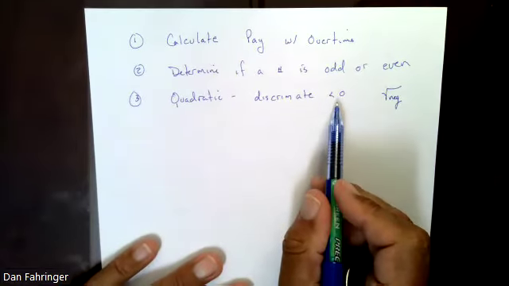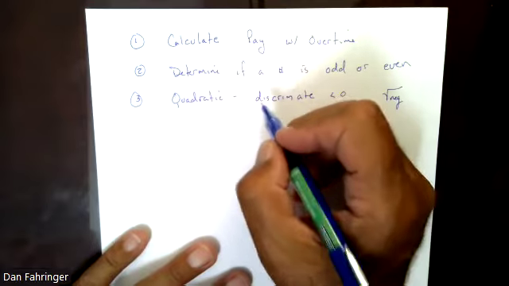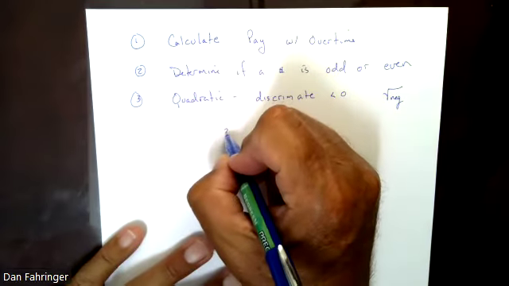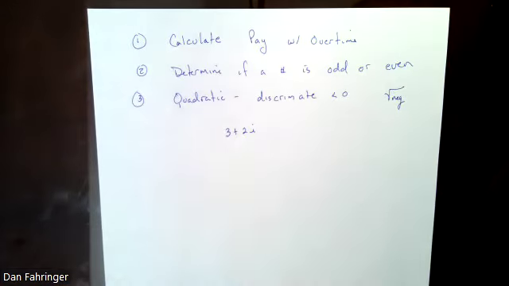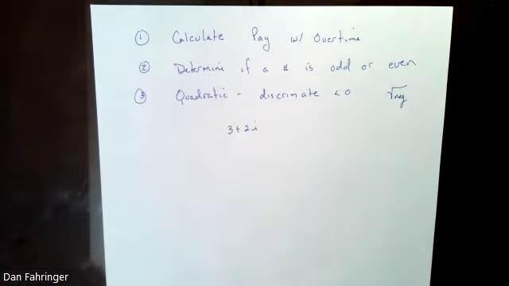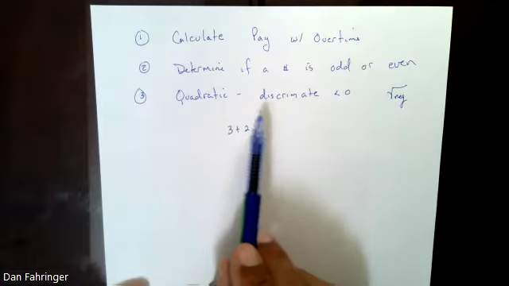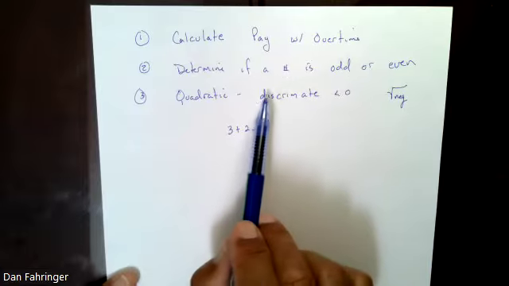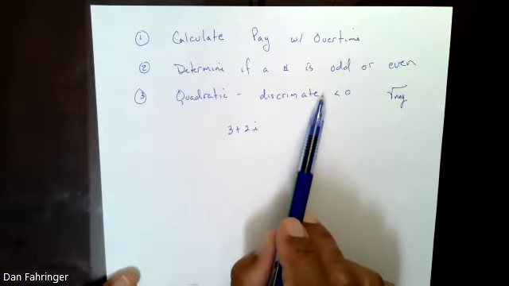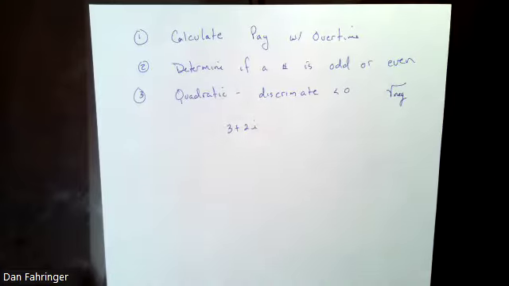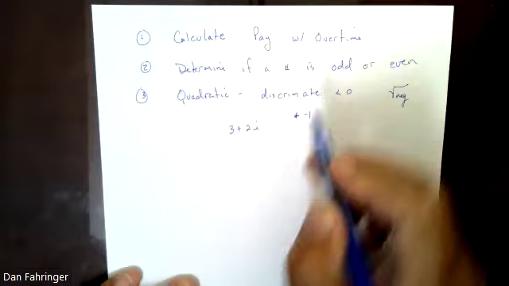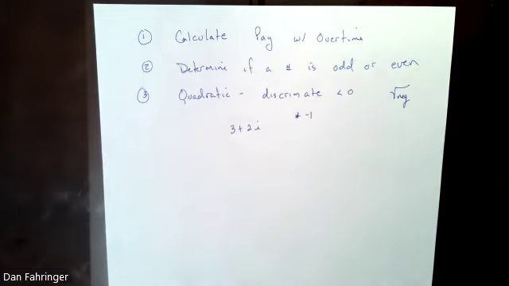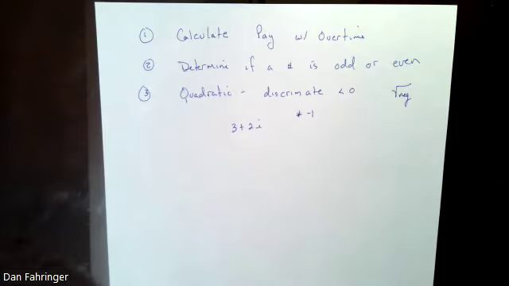But if the discriminant is negative, I'm going to change my display up. I want to have something like 3 plus 2i, including that i as part of my answer. So I'm going to take the discriminant and multiply it by -1, but I also want to make sure I add the i to the answer.